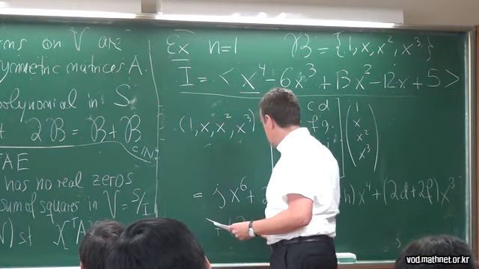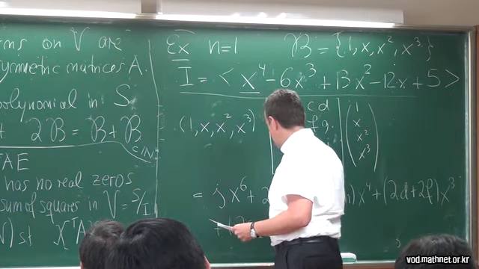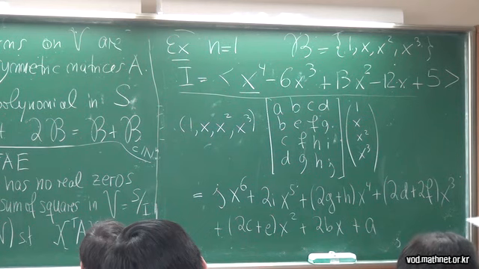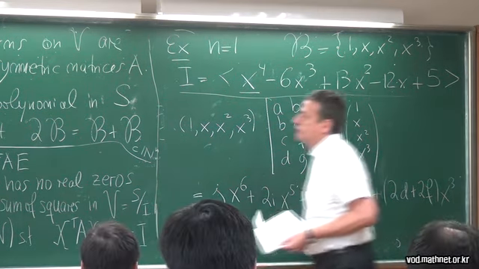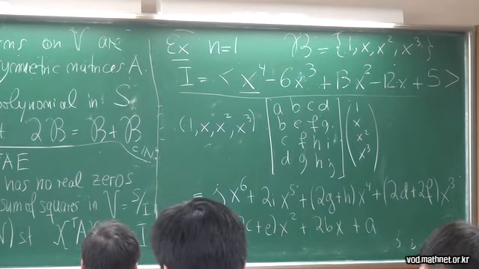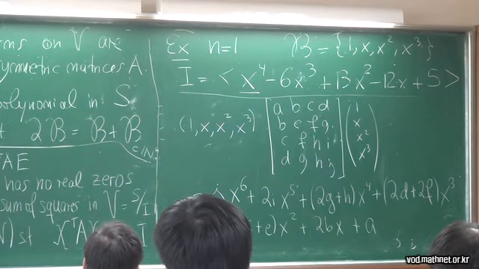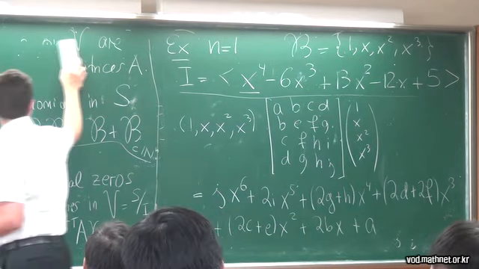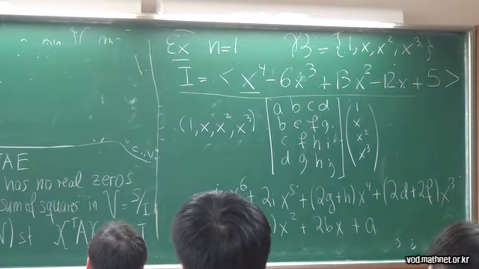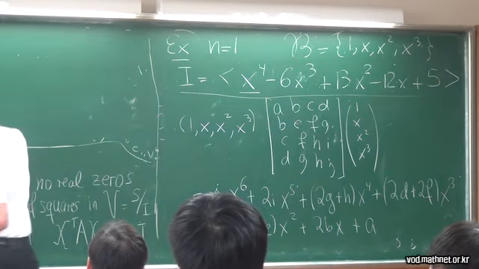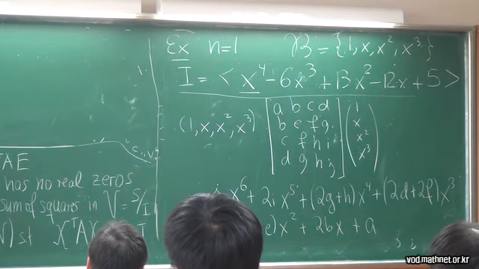Plus 2C plus E x squared plus 2BX plus A. Okay, so that's some polynomial of degree 6, and the coefficients we don't know yet what they are. So that's this polynomial.